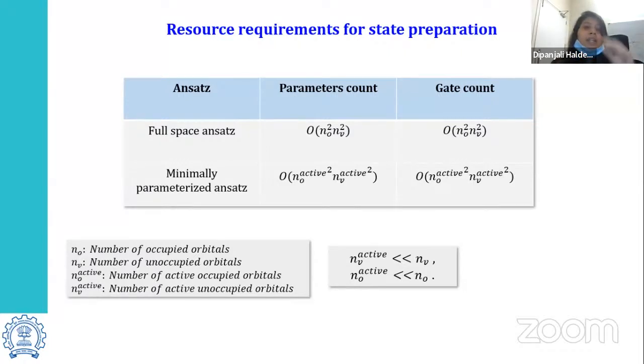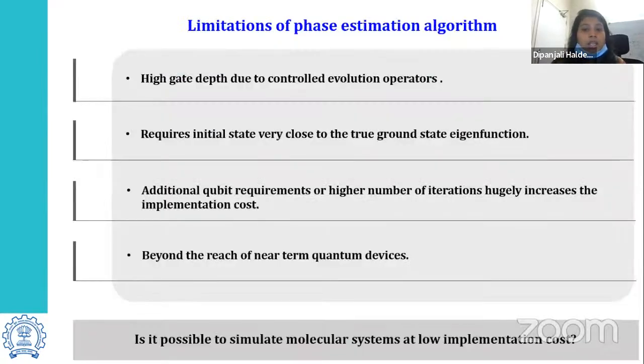So we can say that the minimally parameterized ansatz actually maintains a right balance between a shallow gate depth and the accuracy. Now, the phase estimation algorithm is exact, but due to the use of controlled evolution operators, it leads to a very high gate depth, and it goes beyond the reach of near-term quantum devices.